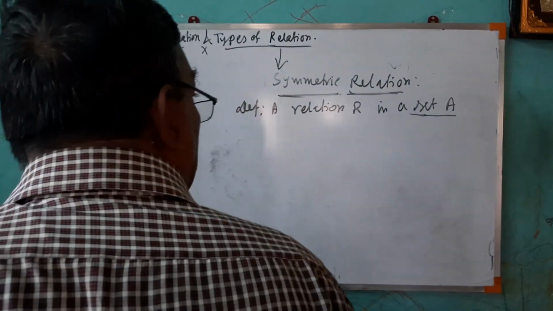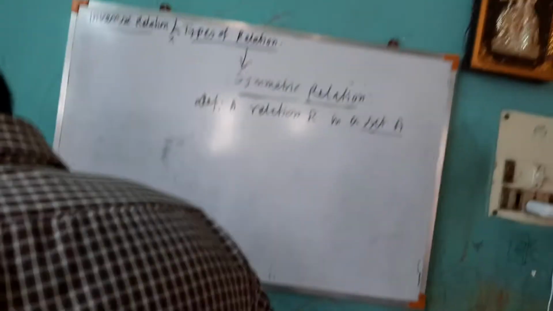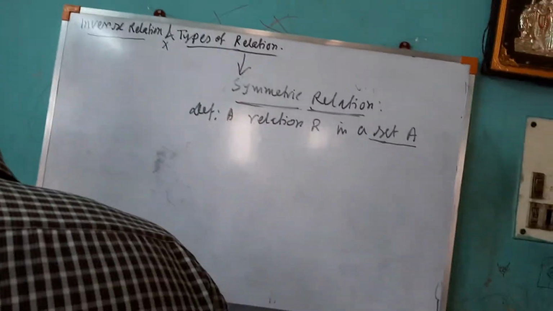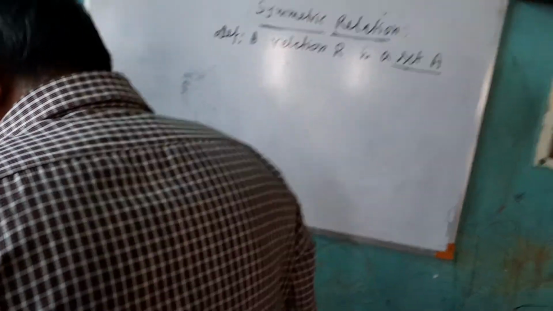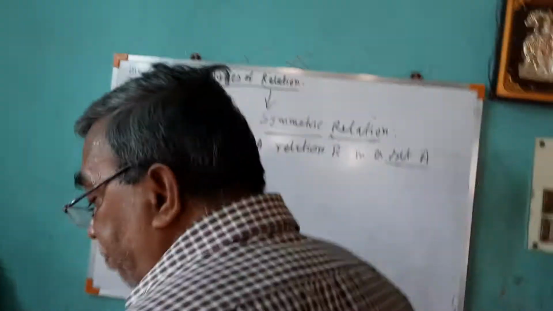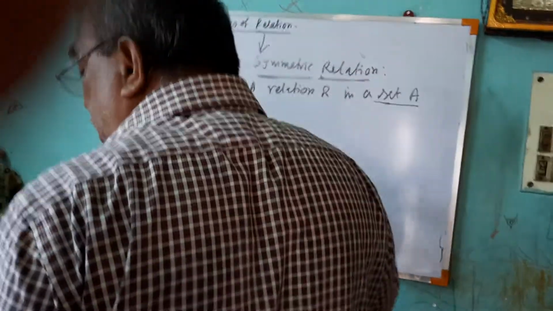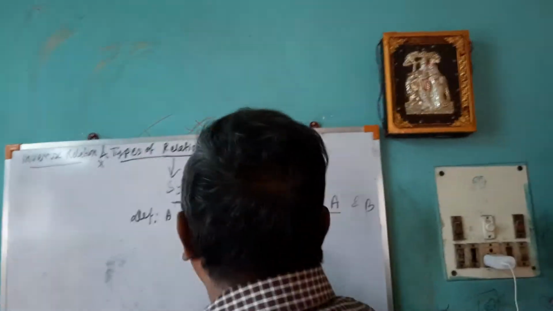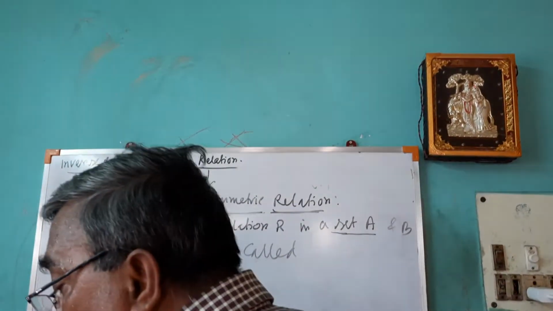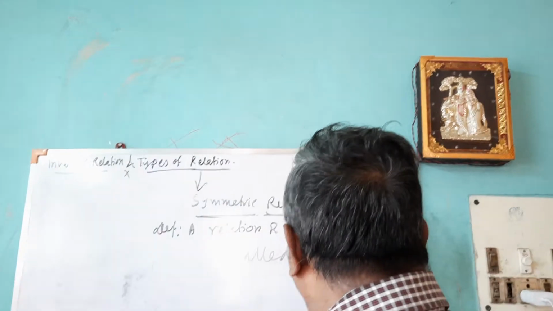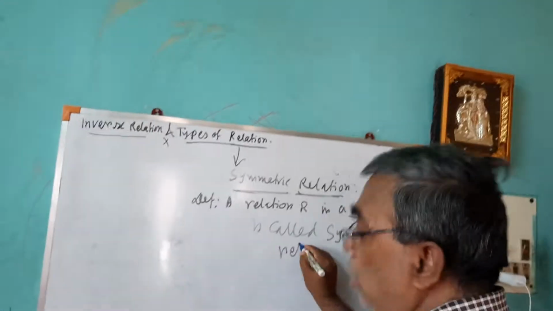A relation R in set A is called a symmetric relation.